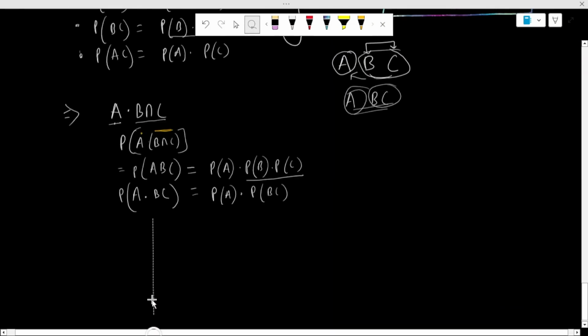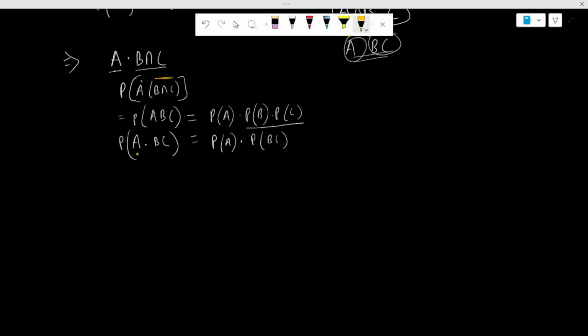So what did we see? This is our single event and BC is our single event. The probability of the intersection of these two events is equal to the product of their individual probabilities. So hence we can say that event A is independent of the event BC. Here BC means B intersection C.